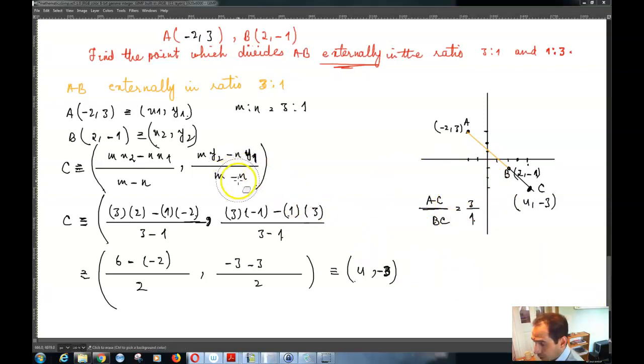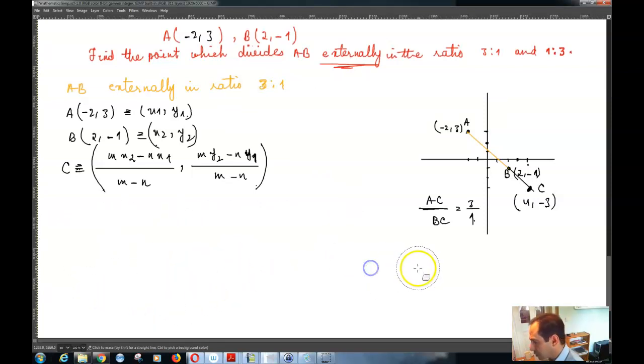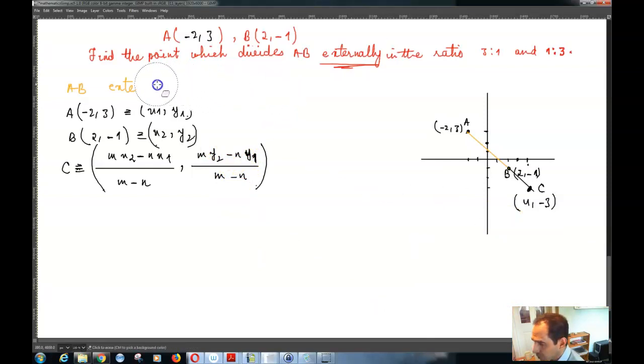Now, on the other hand, if you change your ratio over here from 1 to 3, let's see what we get over there. We will get another point on the other side of the line, meaning that I'm looking for the point which divides AB externally in the ratio 1 to 3.